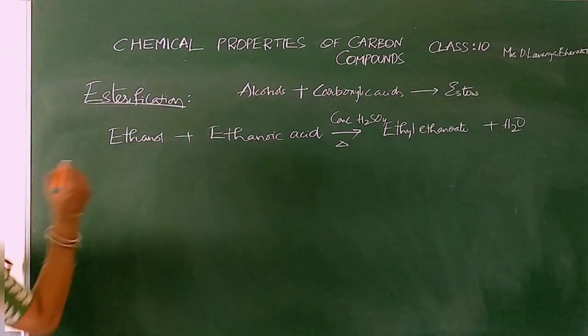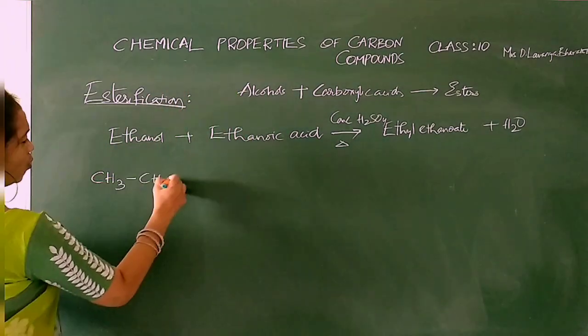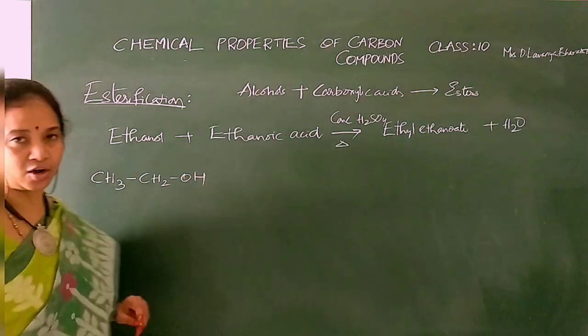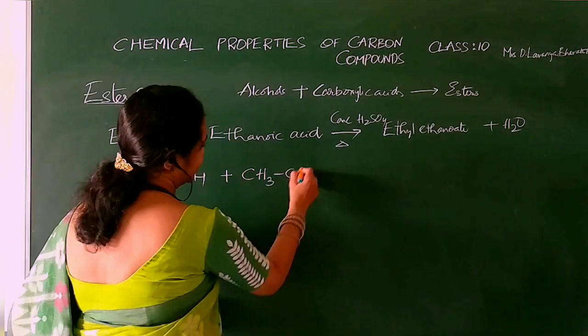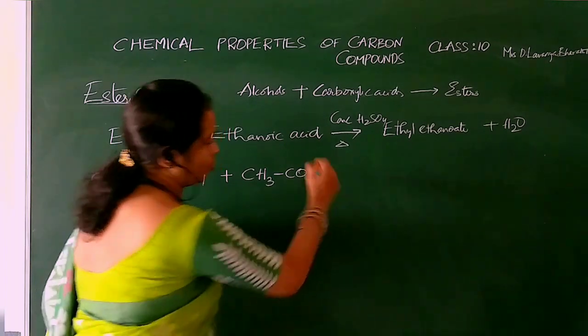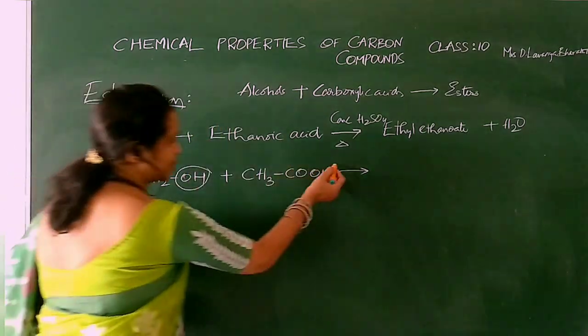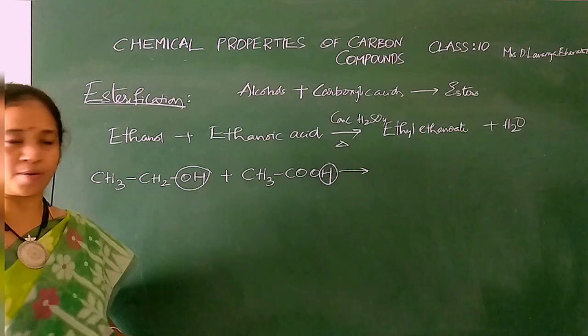So here we go. Ethanol is C2H5OH. This is the formula of ethanol, and ethanol reacts with CH3COOH. The OH as well as H are eliminated in the form of a water molecule.